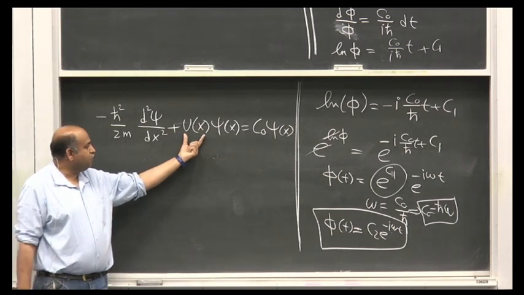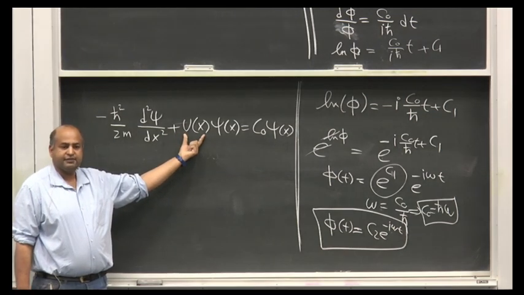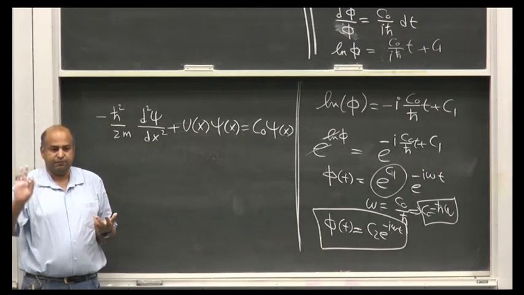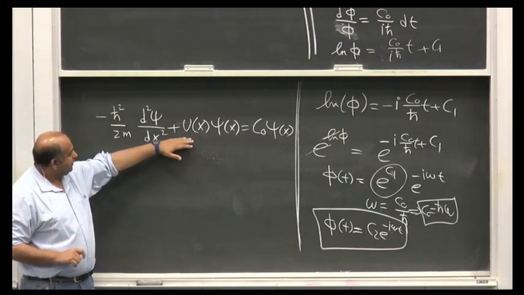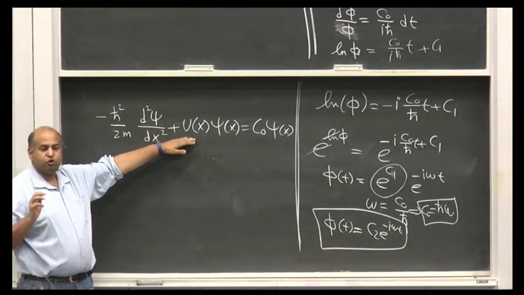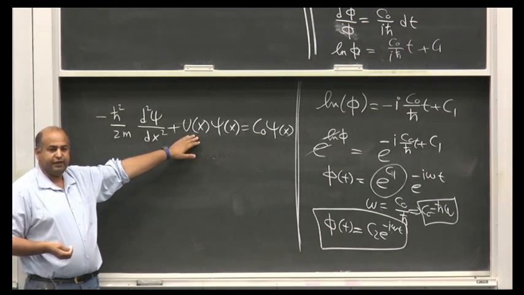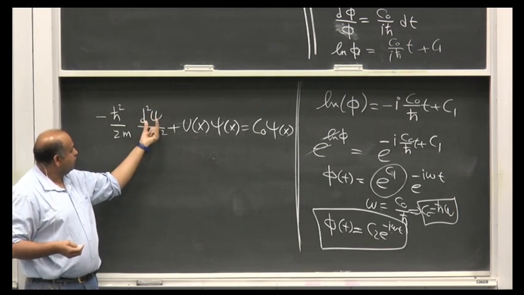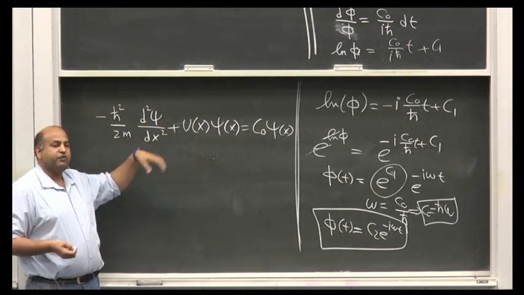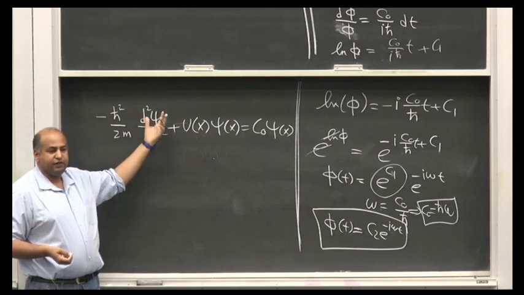because there is an unknown potential u of x which depends on a specific problem. So अगले हफ्ते डेढ़ में हम इसको 3-4 तरह के प्रॉब्लम्स के जो u हैं उनके लिए सॉल्व करेंगे. But before we do that, we need to know how the solution is going to look like and what are its properties and what we can get out of it.